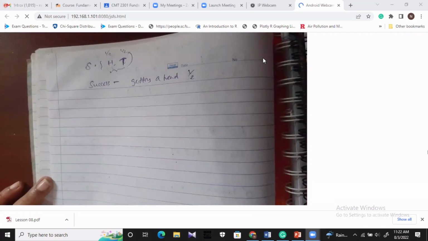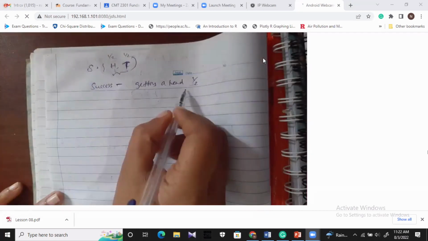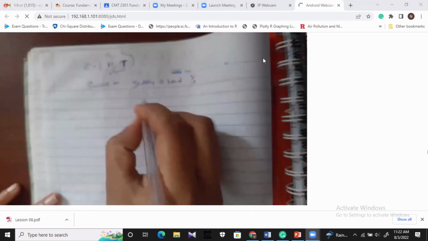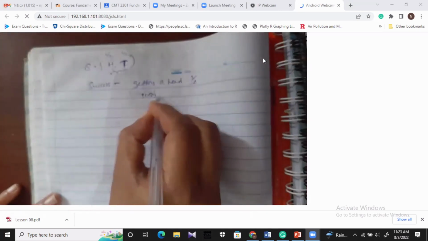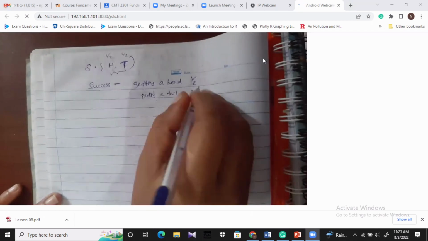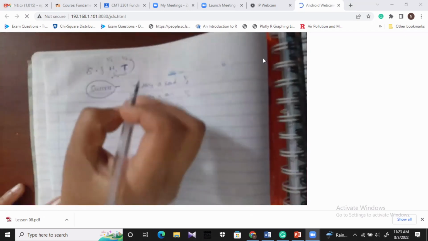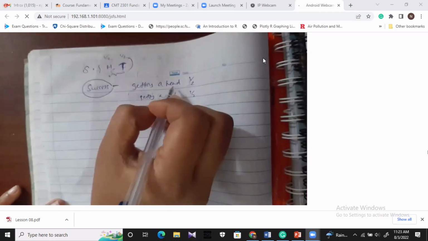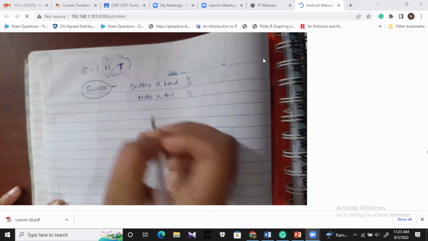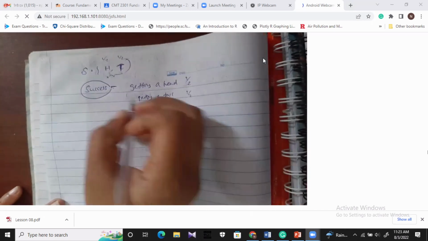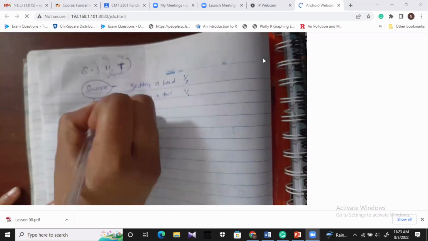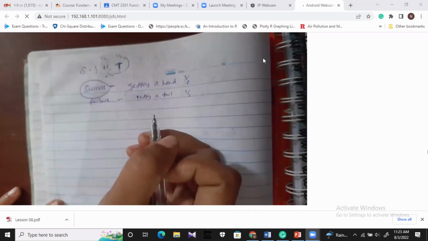Therefore, the probability of getting a head is half, and the probability of getting a tail is again half, right? So if we consider getting a head as a success, then definitely getting a tail should be a failure, right?